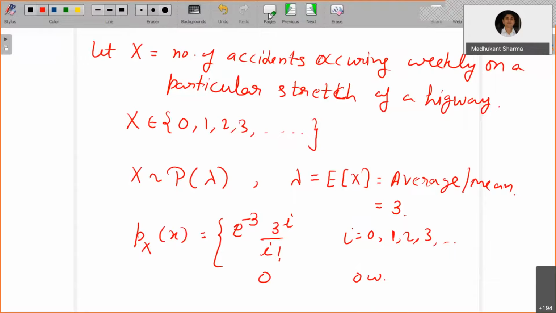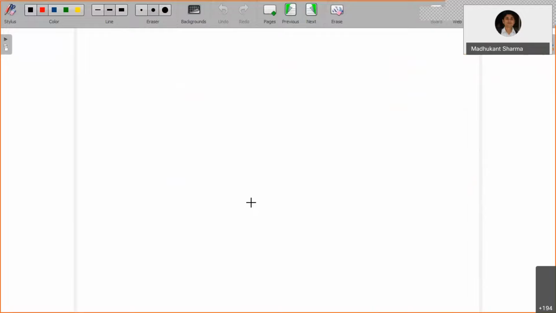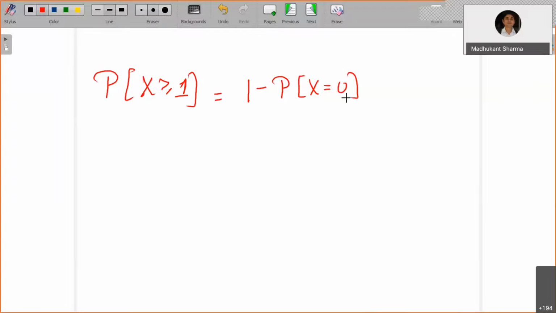Now what are we interested in? We are interested in the probability that there is at least one accident this week, that is, the probability of X greater than or equal to 1. Summing from 1 to infinity would be tedious, so it's easy to use the negation: 1 minus the probability of X equals 0.